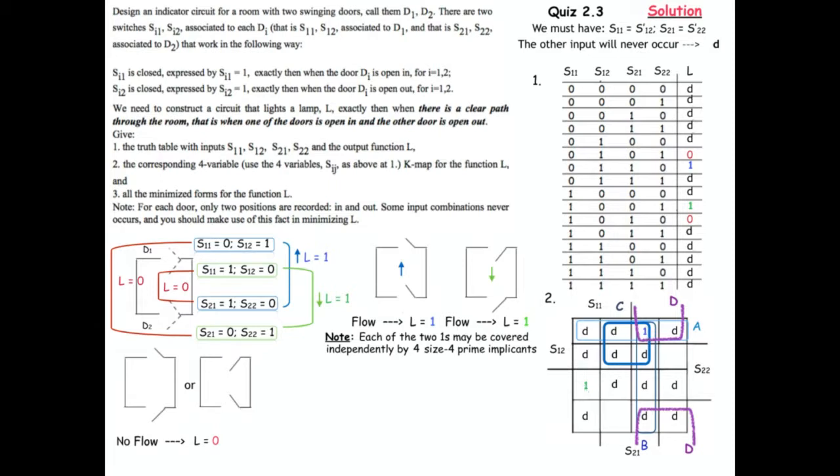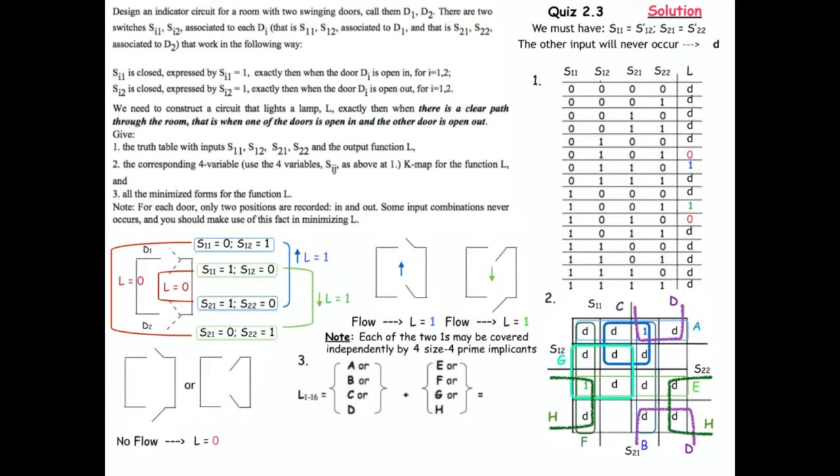Alas, none of them covered the green one, right? So we need to sort of start from scratch here. And turns out that also 4 cover it, but none of them, well, obviously will overlap with the other one, right? So what that means is that we'll have a lot of possible minimal forms, right?